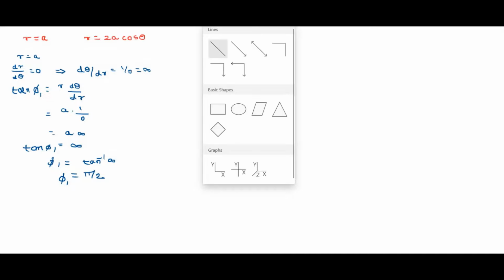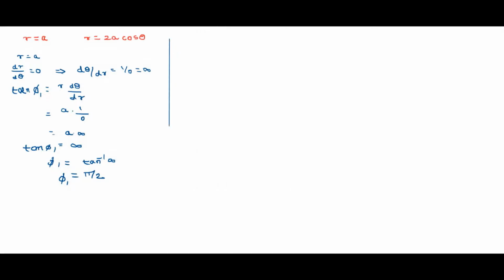Similarly, we have to find phi for the second curve. For the second curve, R is equal to 2A cos theta. Then what is dr by d theta?